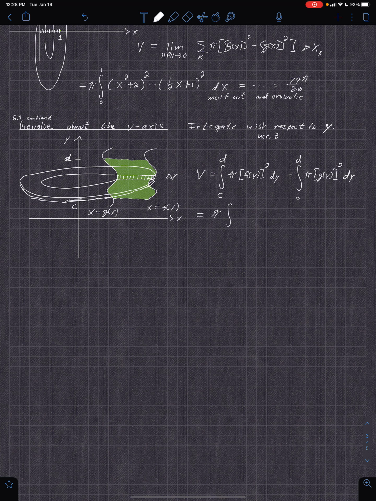And you have the same integration, so you can do one integration of the difference of the squares. So it's f of y squared minus g of y squared, and then it's just dy.